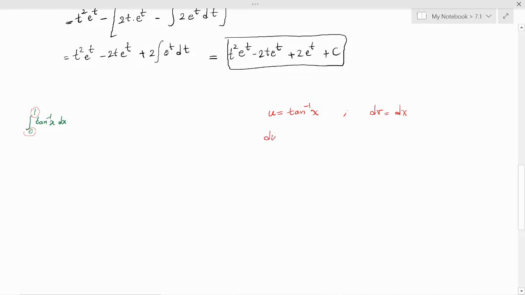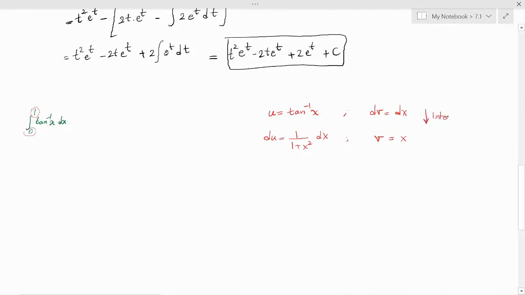So du, the derivative of tangent inverse, is 1 over 1 plus x squared, and du divided by dx, if you multiply dx to both sides, so here we would have that. The integral of dv would be v, the integral of dx is x. So what you always do here is the integration.